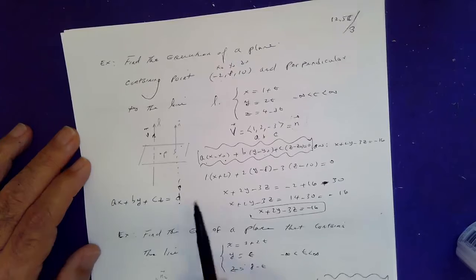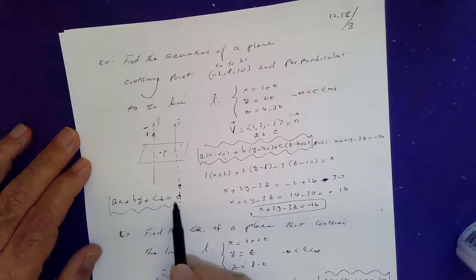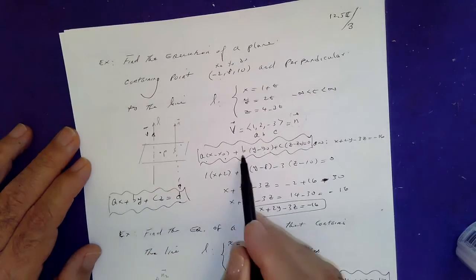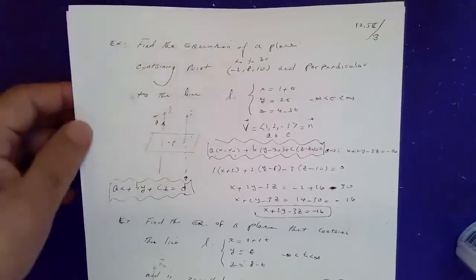So d contains all of those constants. So this is an alternative form of this point normal form.